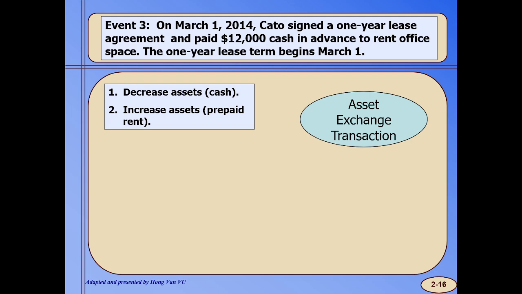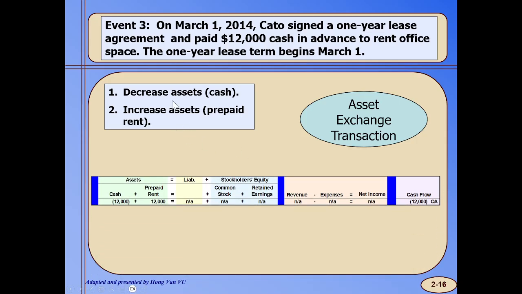The 1-year lease term begins the 1st of March. This transaction decreases the cash asset account but increases another asset, prepaid rent. Therefore, it is classified as an asset exchange transaction.